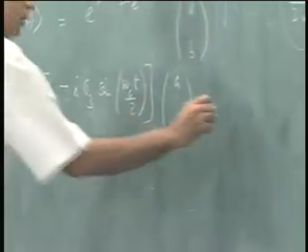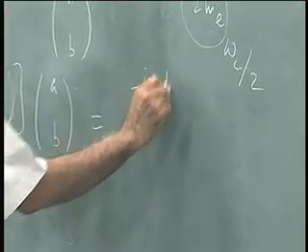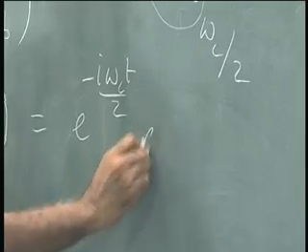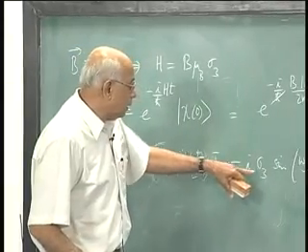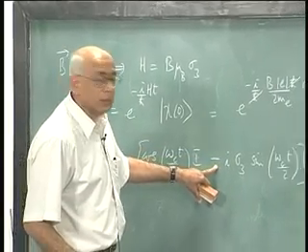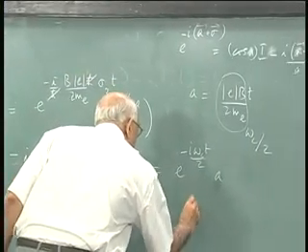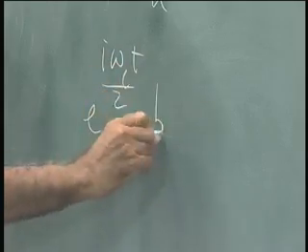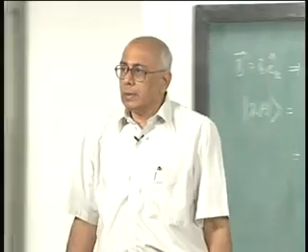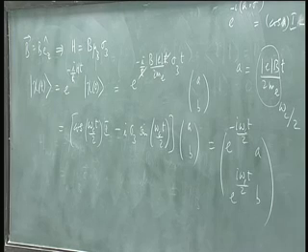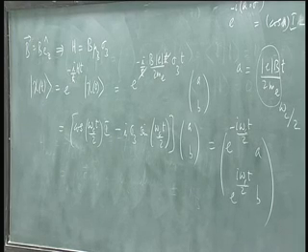So it is e to the minus i omega c t over 2 on A, and the other one, the bottom element, occurs with a minus sign, so that becomes a plus here, e to the plus i omega c t over 2 on B. Do the probabilities change? They can't, because your Hamiltonian is also diagonal in sigma 3, right. So the probabilities do not change, there is no flip at all.